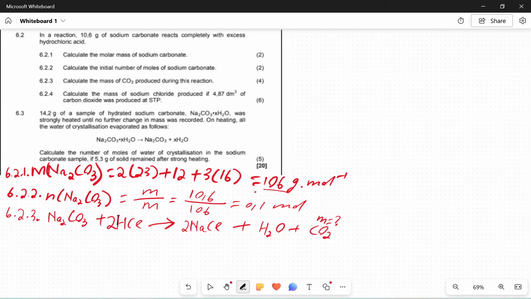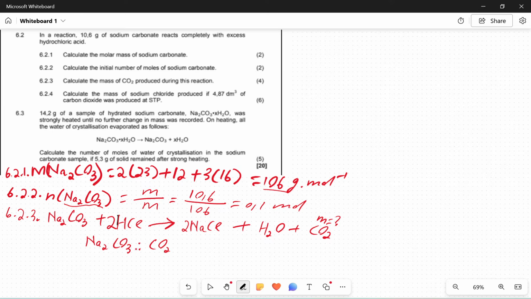Well, we'll take the number of moles of the substance that we already know about, which is sodium carbonate. Remember, we found its number of moles here, which was 0.1. So we'll say Na2CO3 is to CO2. So we are going to find the number of moles of carbon dioxide using the number of moles of sodium carbonate.